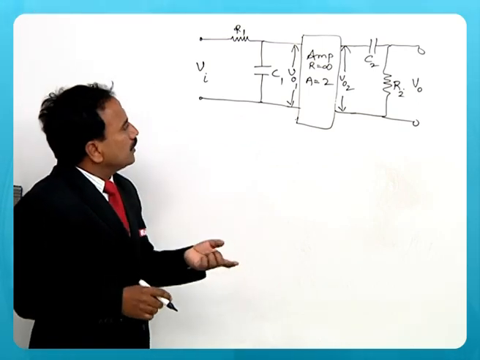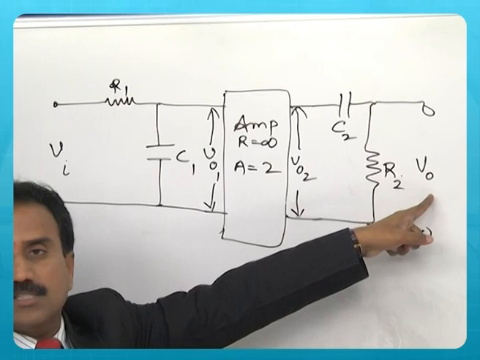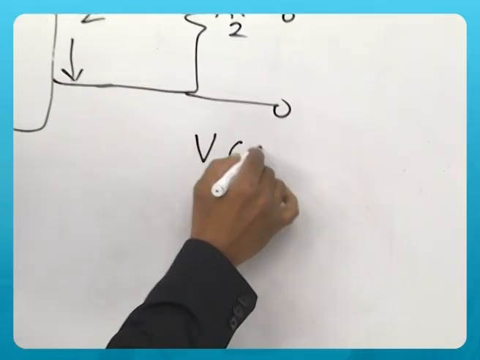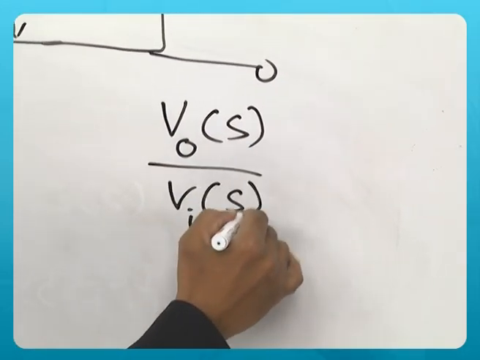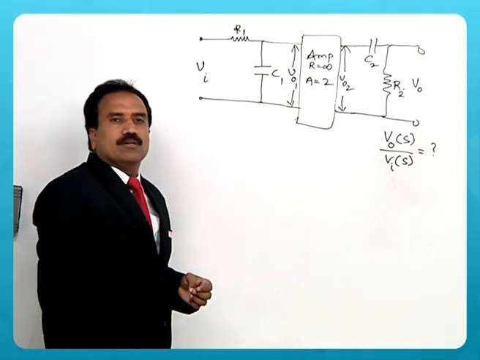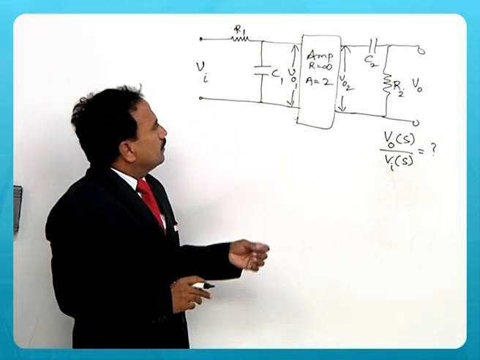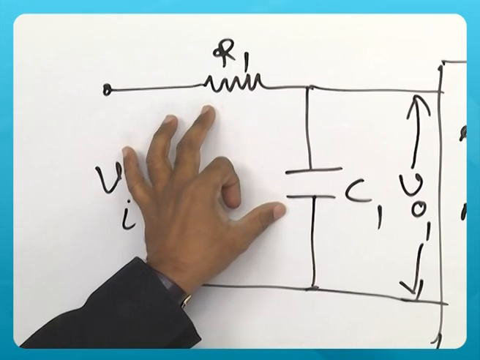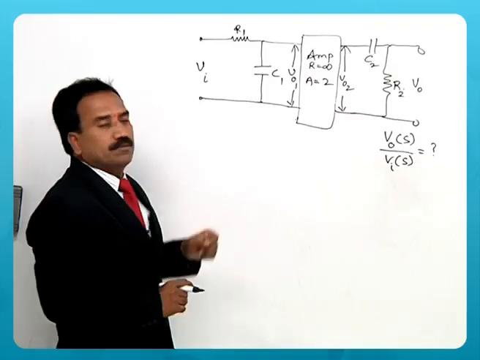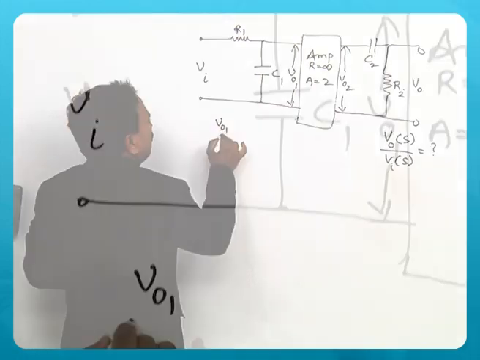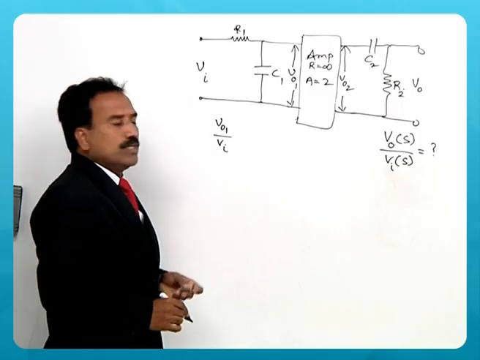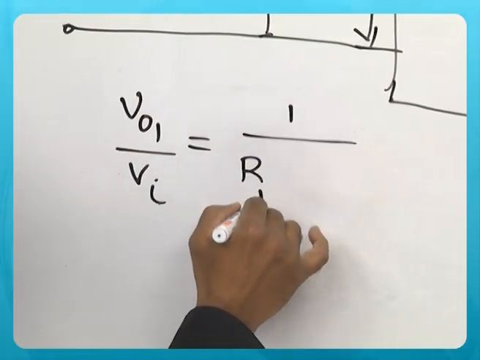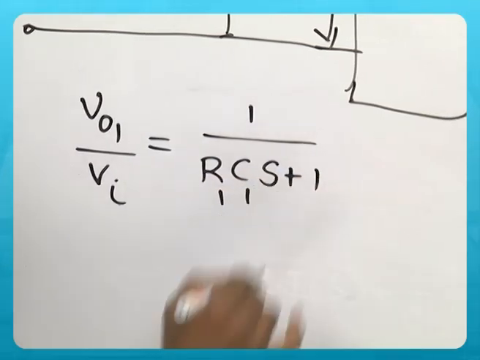So, if the question comes like what is V0 of s by Vi of s, how much? What you need to do here? As you are aware that for a simple RC circuit, it is a first order system, you can find out V01 by Vi. So, this V01 by Vi is 1 by R1 C1 S plus 1.